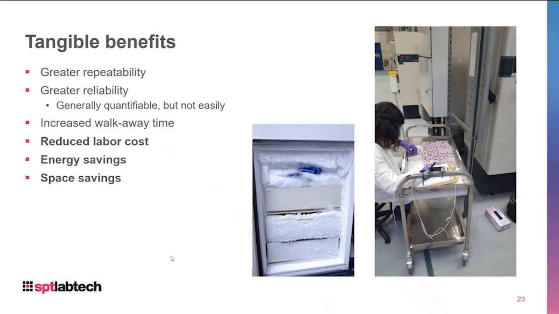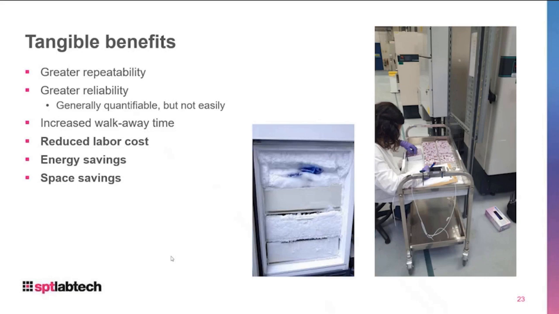Increased walkaway time leads to reduced labor costs, but it's important to note that while you might somewhat reduce the labor cost, you also might enable a different workflow. So in smaller companies where people are wearing multiple hats, scientists might still be doing a decent amount of sample management.